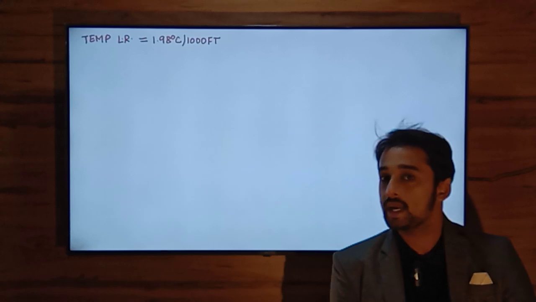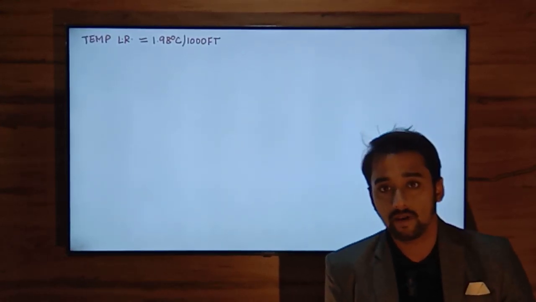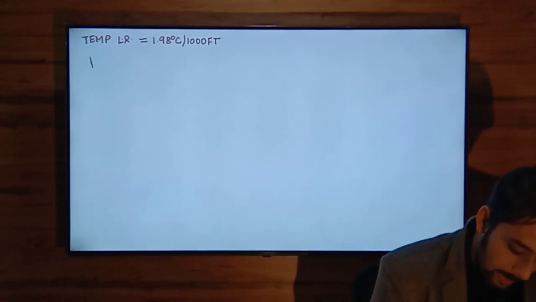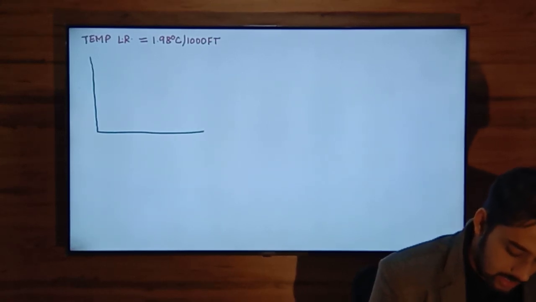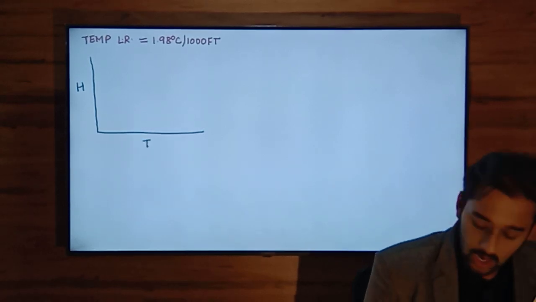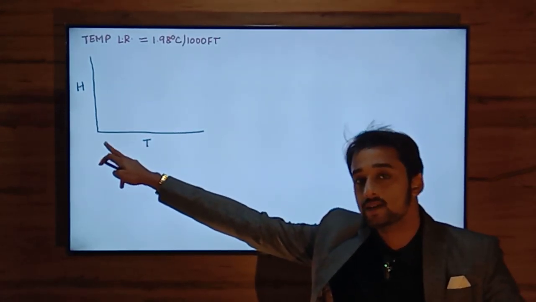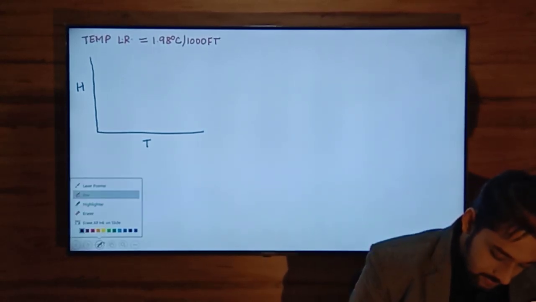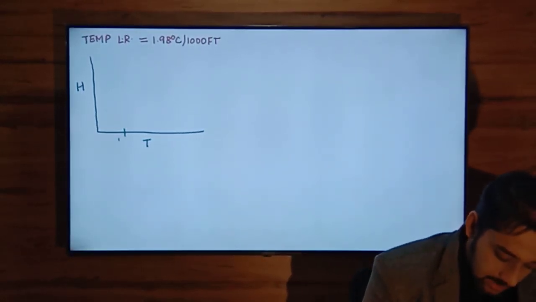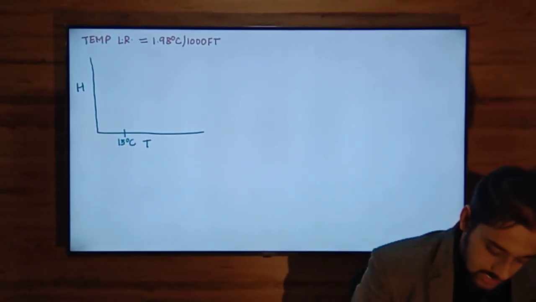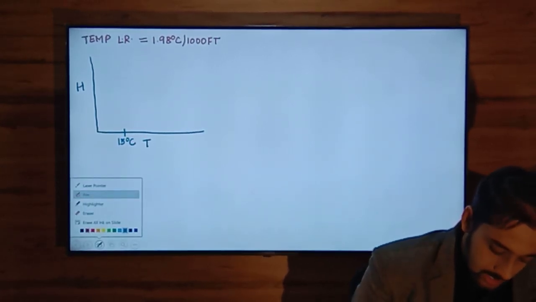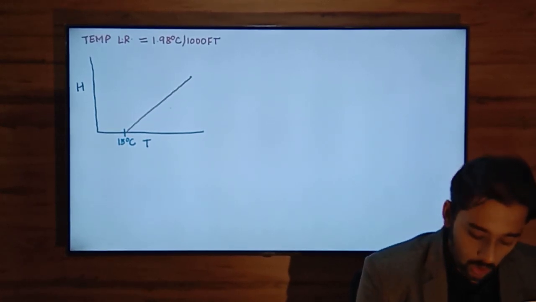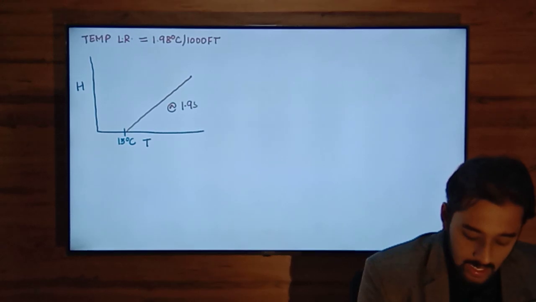So, as you climb in the atmosphere, this is your height, the vertical axis is your height in the troposphere, T is your temperature. So, as you climb, mean sea level temperature in ISA is 15 degrees Celsius. Then as you climb in the atmosphere, this temperature goes on decreasing at the rate of 1.98 degrees Celsius every 1000 feet.